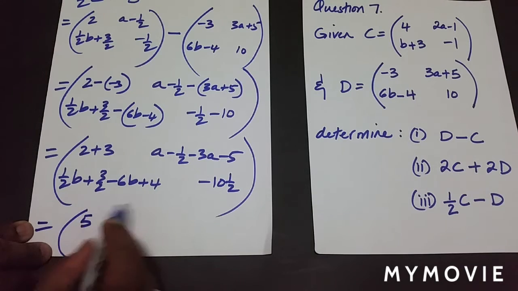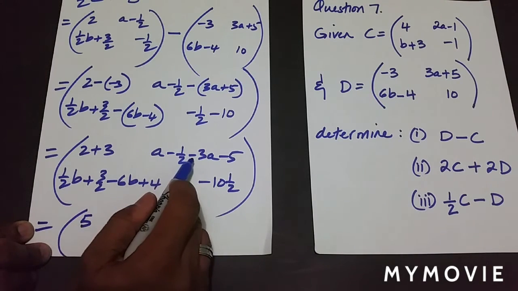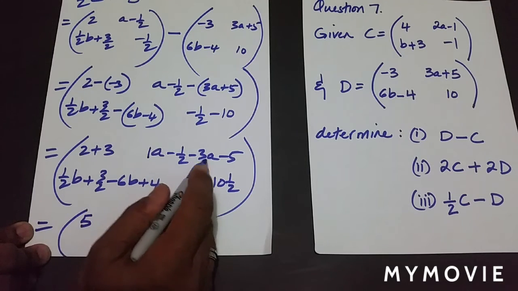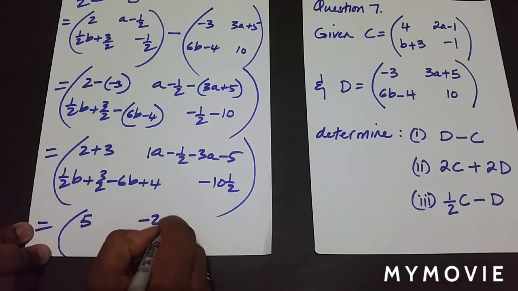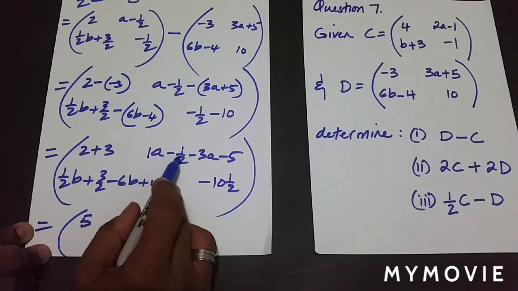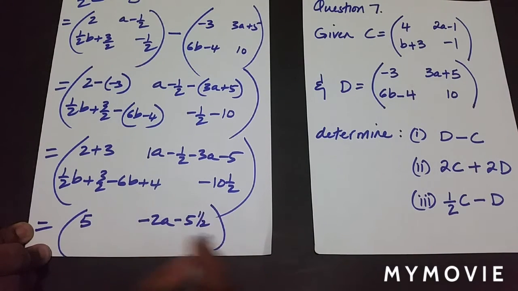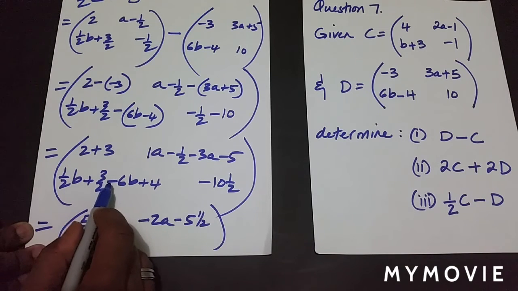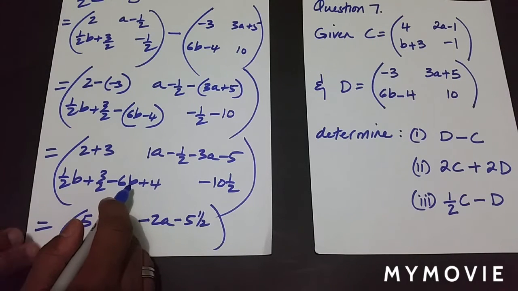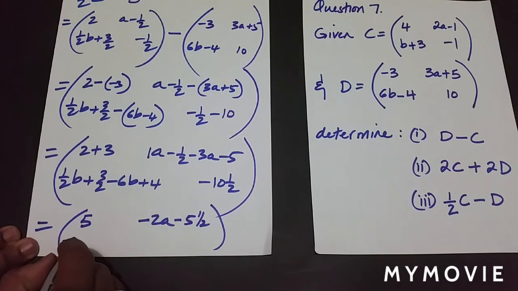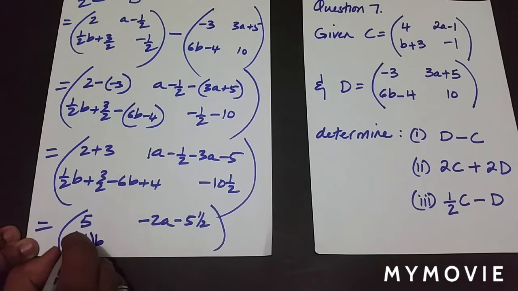All right, and that would give us the final answer. This would be 5. No, 1a minus 3a, because essentially this is 1a. So 1a minus 3a is negative 2a. Hope everybody sees that. And minus a half and minus 5 is minus 5 and a half. Half b minus 6b would be negative 5 and a half b.